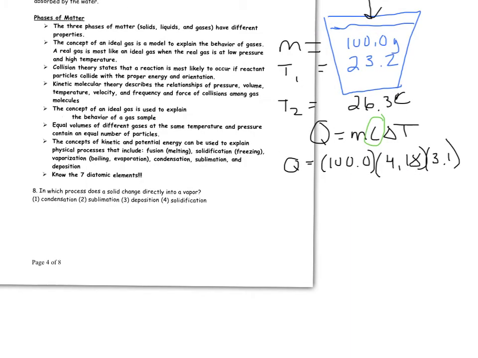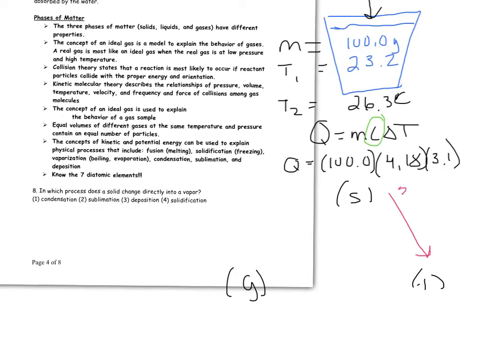The last question is a simple vocabulary question which asks, in which process does a solid change directly into a vapor? It is important that you're familiar with the names of all of the pertinent phase changes between the three states of matter. So we have solid, liquid, and gas. If we add heat, which we'll symbolize with red, as we change from a solid to a liquid, that is going to be melting.